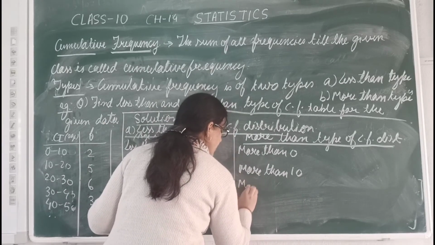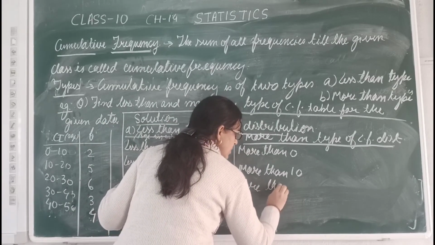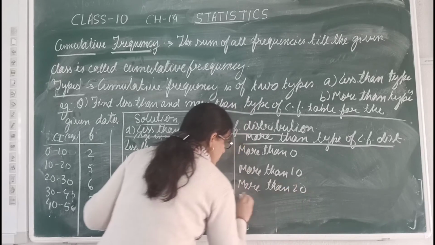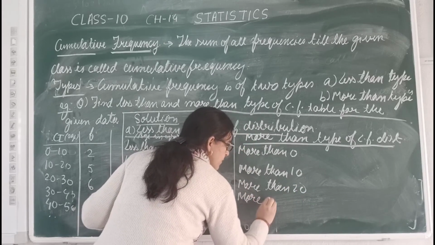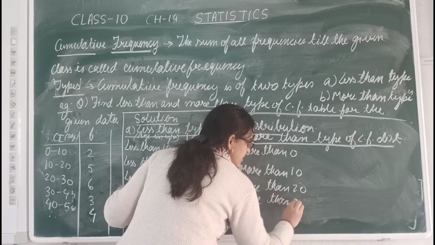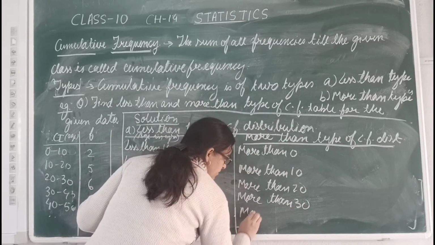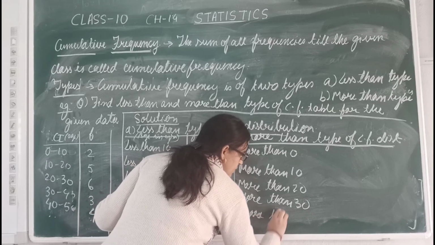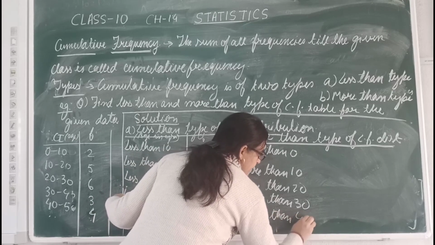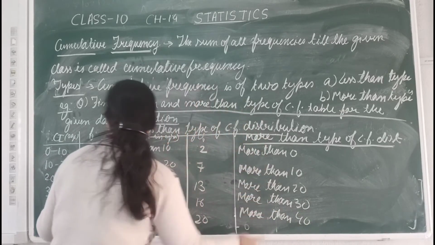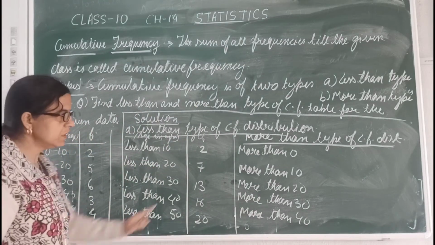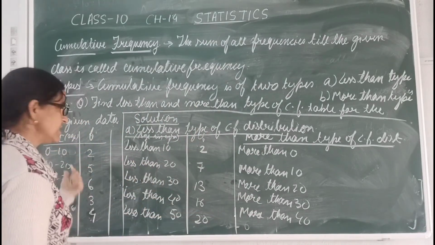I am not writing "so on" because you will also write "so on". To make you not write that, I am writing each and everything. More than 40. 1, 2, 3, 4, 5. So I have written the lower limit of each class interval.